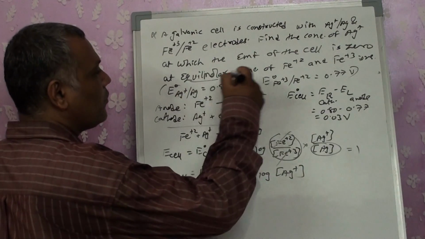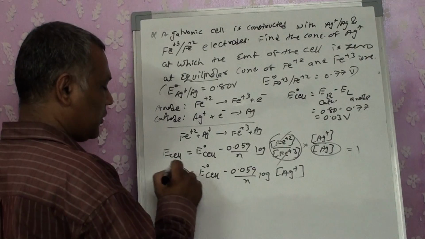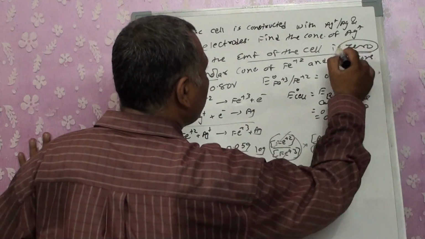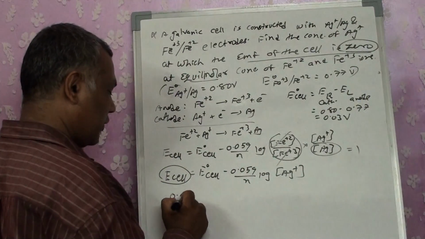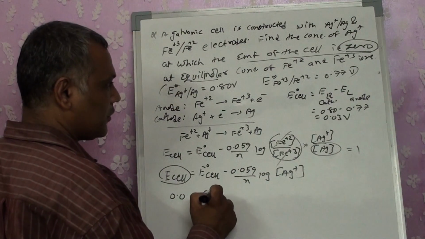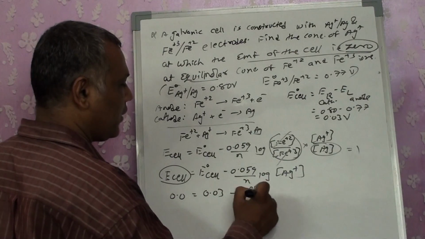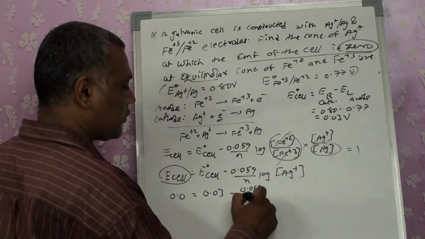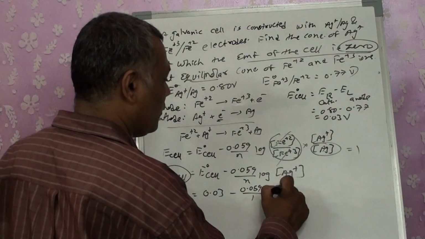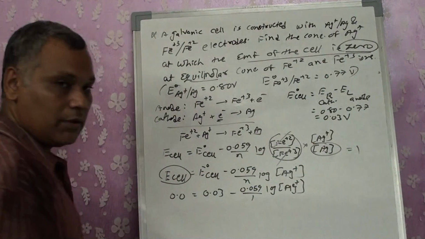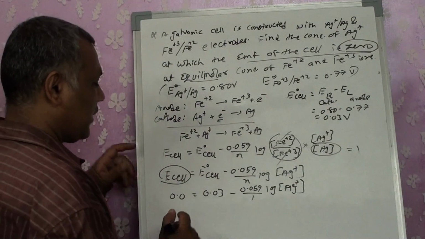It's in the equimolar concentration, so this cell potential, it's told to us the EMF of the cell should be 0. So this value should be 0. This is 0.03 minus 0.059, electron transfer during the reaction is 1, log of Ag plus. Right?